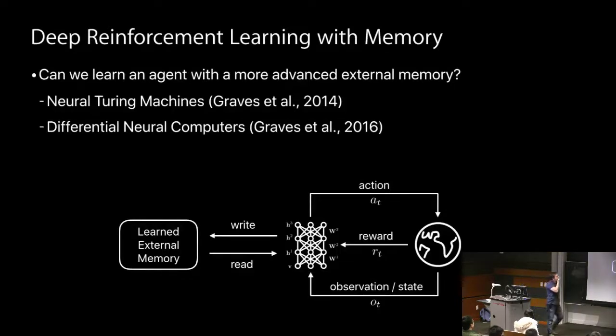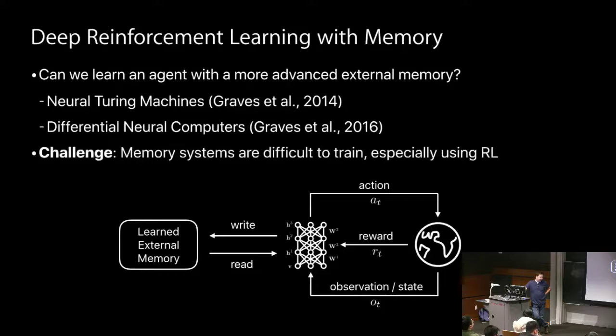In 2014, there was an excellent paper from Alex Graves called Neural Turing Machines, which was a combination of a bunch of previous works, but which put together this notion of external memory. These are excellent papers to look at. The idea is you're designing an external memory mechanism where you can write to it and read from it.